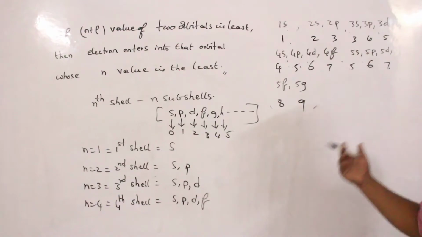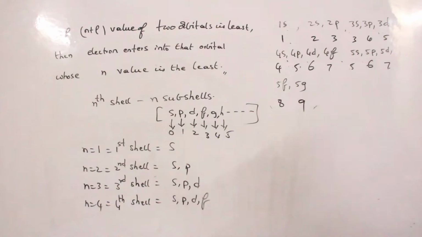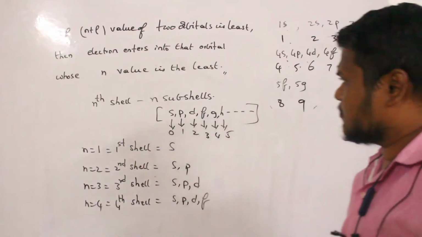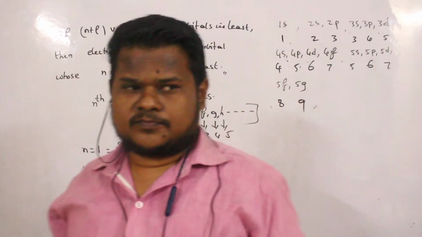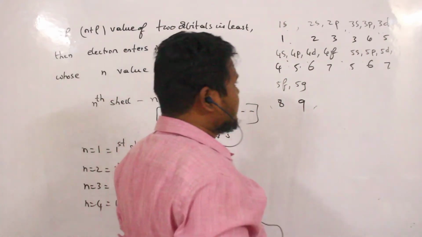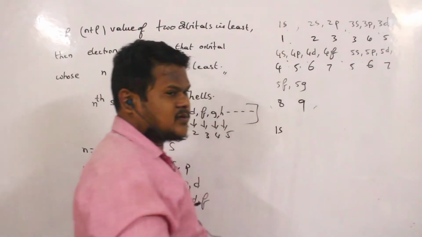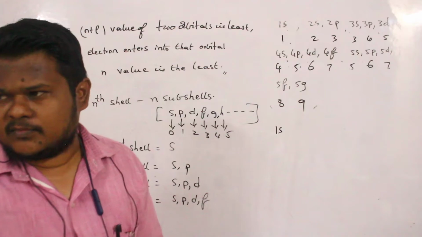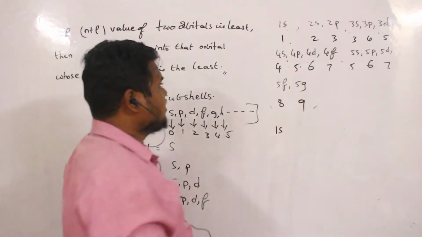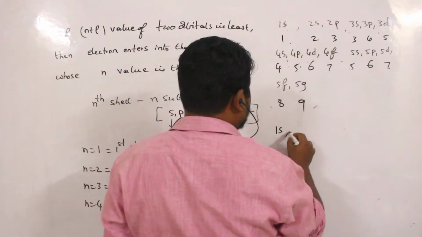Now try to write the sequence in which electrons enter into the subshells. First of all, I have to select the least n plus l value. So which one is the least value? Yes, 1s. So first of all, electron enters into 1s in any element which you take. Then it is followed by 2s.